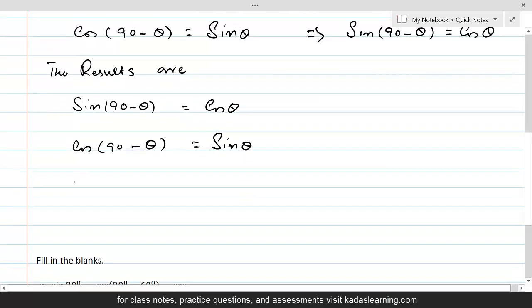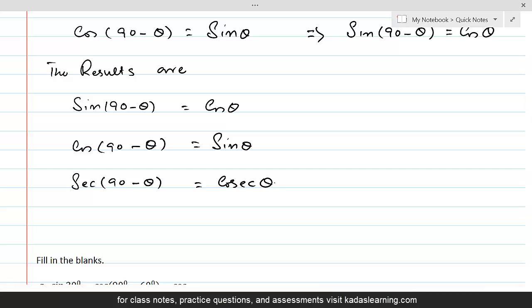And secant of 90 minus theta would change into cosecant theta, because secant is the reciprocal of cos and cosecant is the reciprocal of sine.